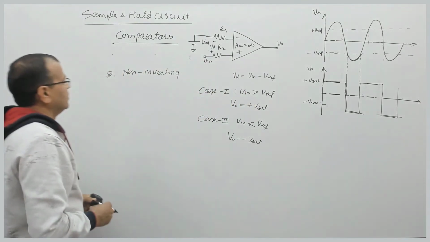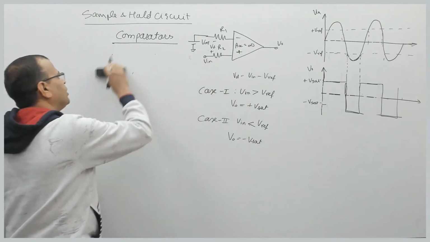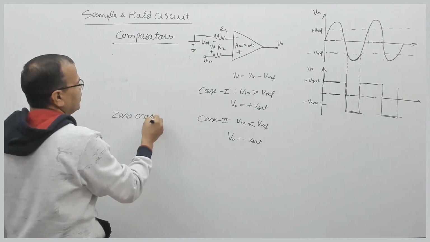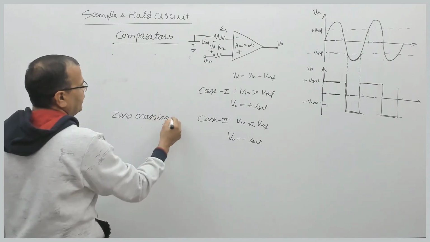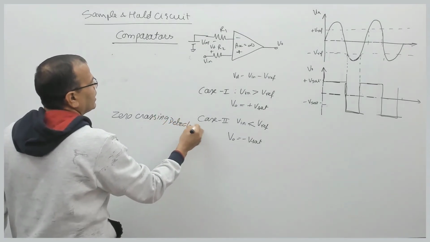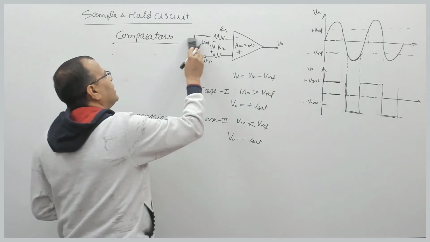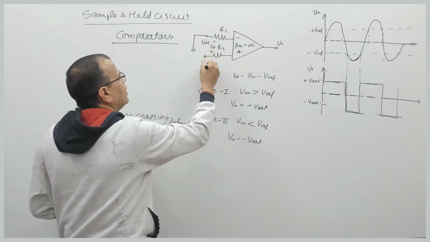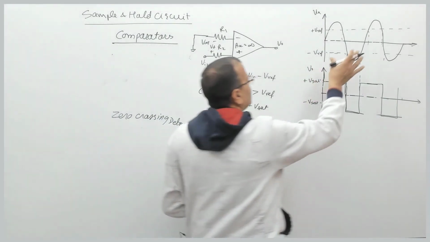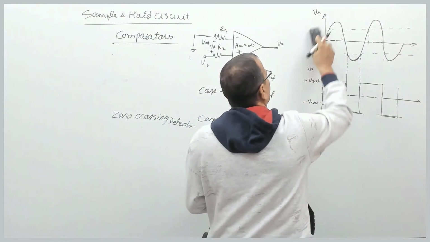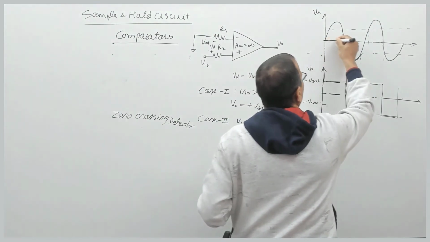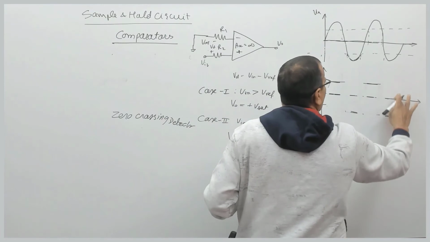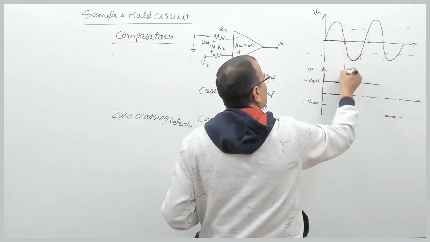Fine. There is a special application of this circuit, that is the zero crossing detector. In the zero crossing detector, you please see, I connect this to the ground, so I take the reference as 0 here. So we have made 0 voltage the reference. Again we can have inverting and non-inverting modes.